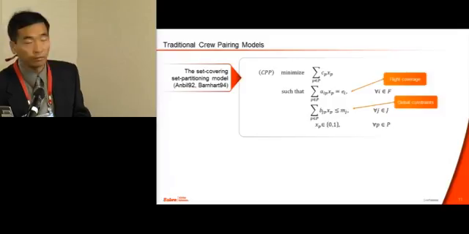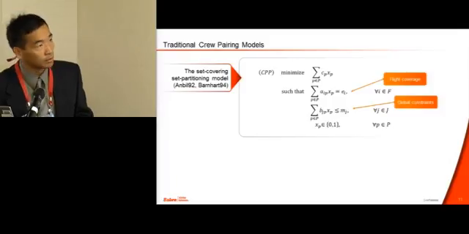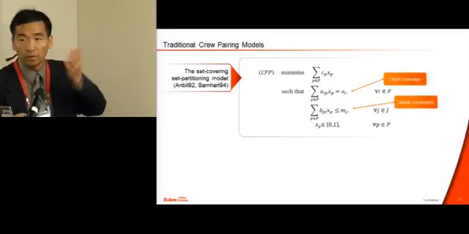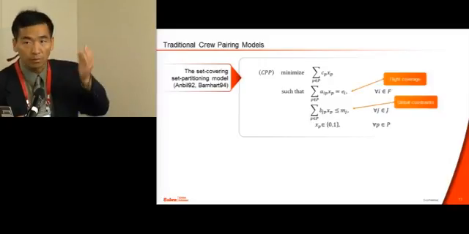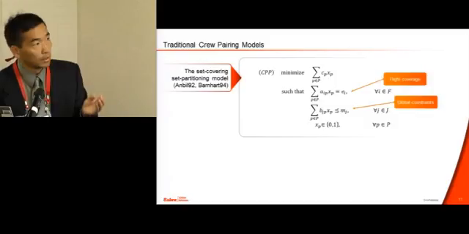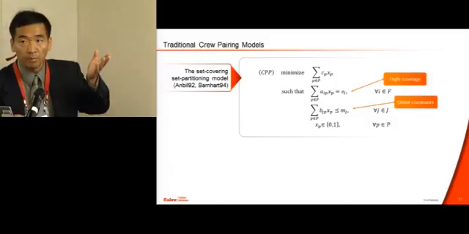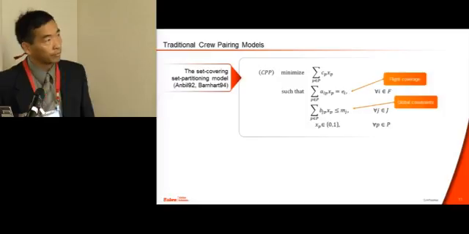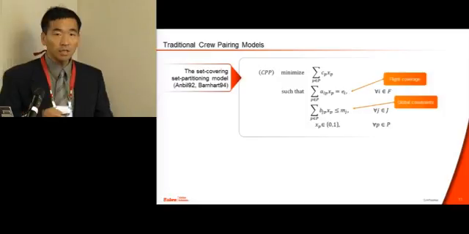And we have a set of global constraints on manpower, for example: the subset of pairings that come out of a base needs to be flown by the manpower available from that base.